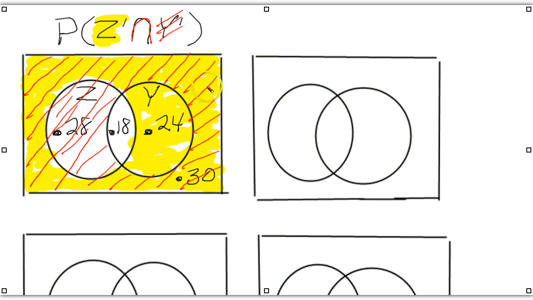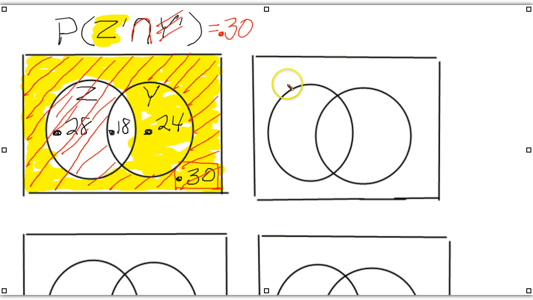Well, we have it all through here, and that is the intersection of the complement of Z with the complement of Y. And the one that has both is right here, 0.30%. So this is going to be 0.30%. And we've done one like this earlier in our course, when we did this type of thing.